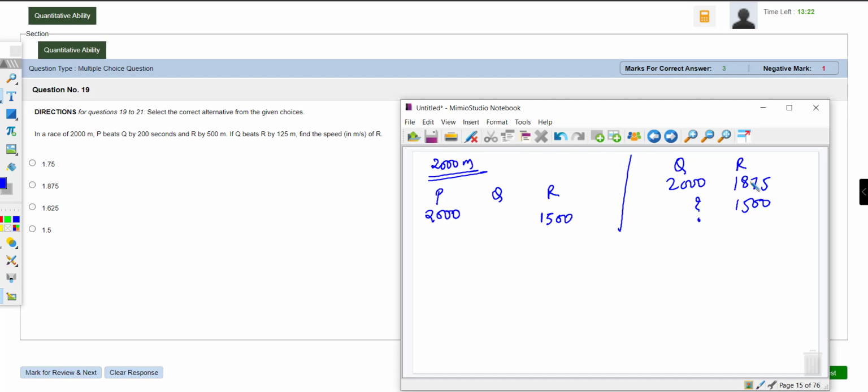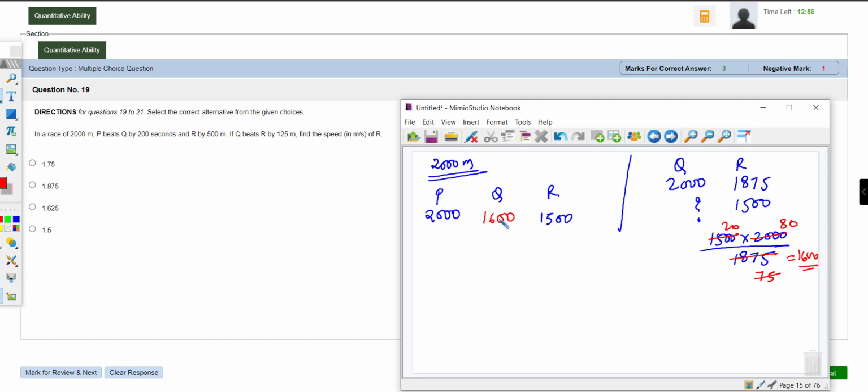Let's identify that. So 1500 into 2000 divided by 1875. If we simplify this, what do we get? Let's have a look at it. 75 twos are 150, that is equal to 1600. So when R covers 1500, Q covers 1600.